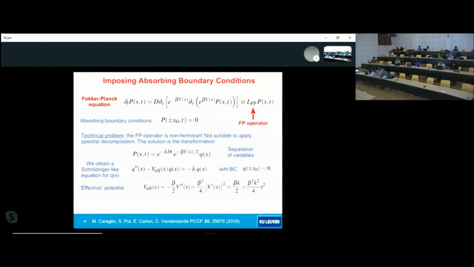And so you see, when you have a parabolic V of x, this transformation gives you, again, a parabolic function. Okay, this is well known, and this is how you solve your problem. This effective potential depends on the temperature, of course, because it comes from this transformation.